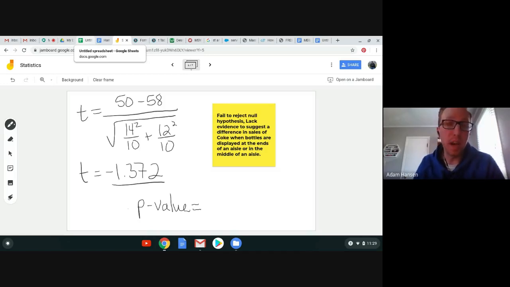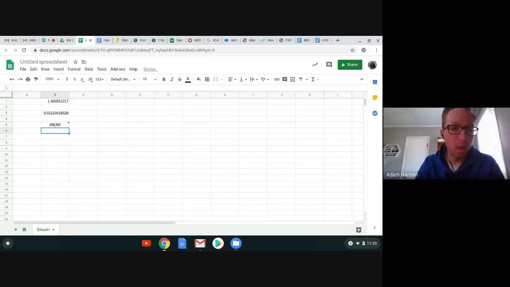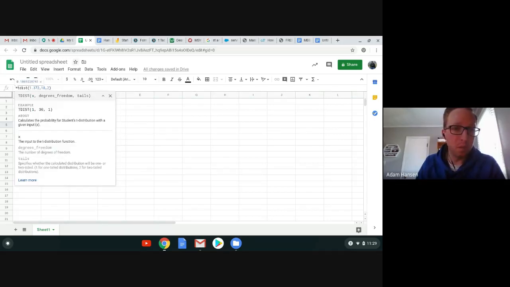So in the eyes of Google Sheets, there really is no difference between a positive or negative t-score. So 1.372 with 18 degrees of freedom and 2 tails gives me 0.1869. If you did put negative in there, you would get an error message, and it says that it should be positive or 0. So it would tell you what you did wrong, and you would just fix it. It's pretty simple.